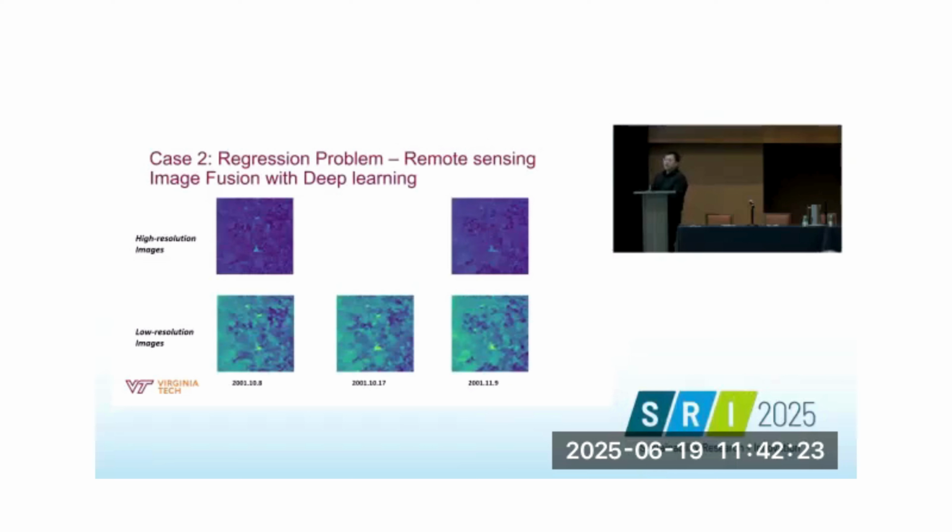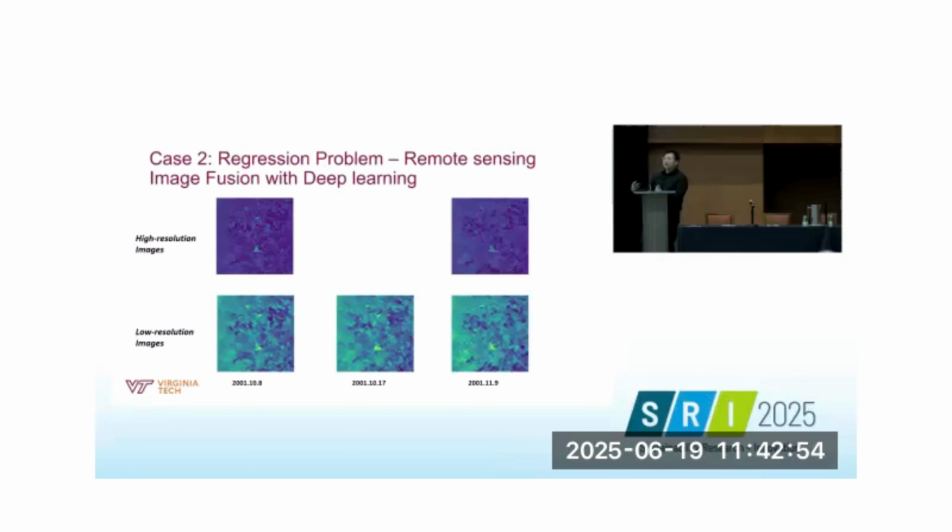Another case study we have conducted is more towards regression. Here we are looking at a typical regression model using a deep learning framework, in remote sensing image fusion. The concept is that we aim to generate imagery with both high spatial and high temporal resolution, from high spatial resolution, low temporal resolution imagery and high temporal, low spatial resolution imagery.